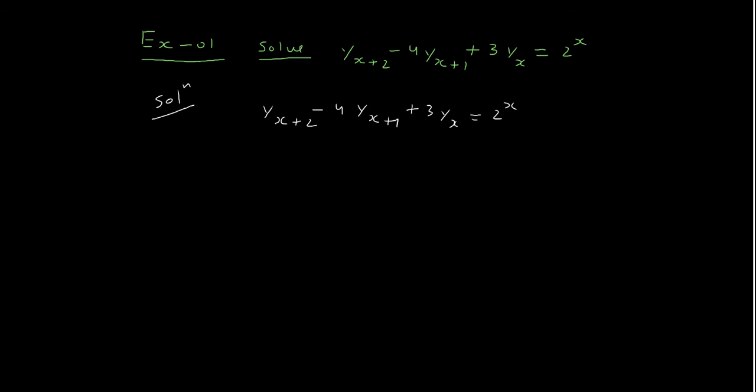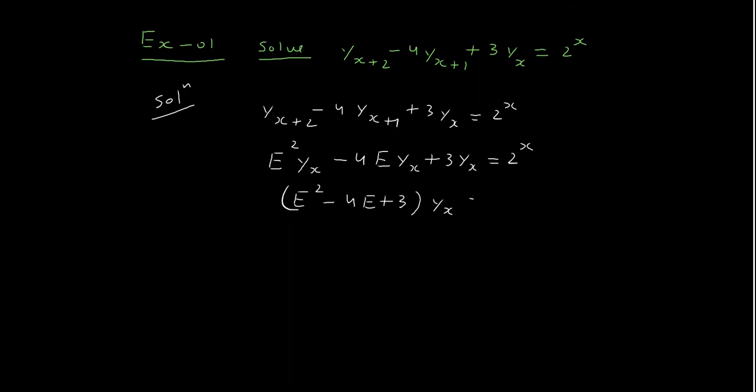This is E squared y(x) minus 4 E y(x) plus 3 y(x) equals 2 to the power x. Simplifying, this becomes (E squared minus 4E plus 3) y(x) equals 2 to the power x.